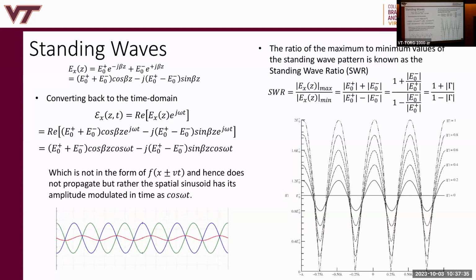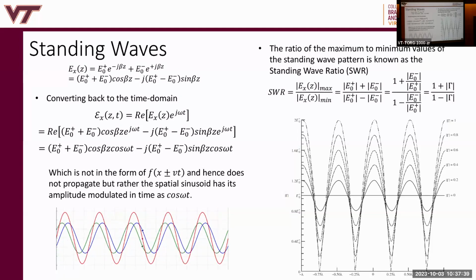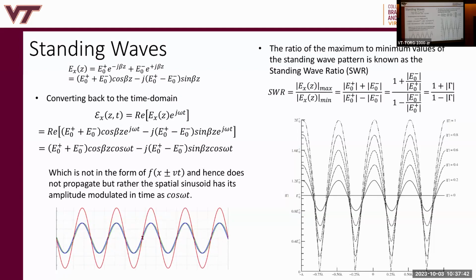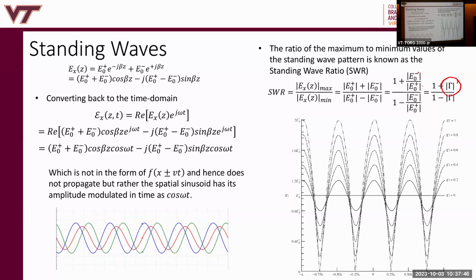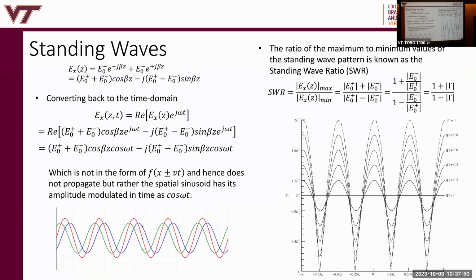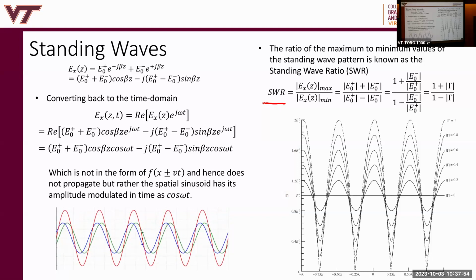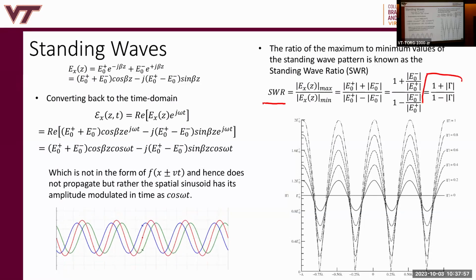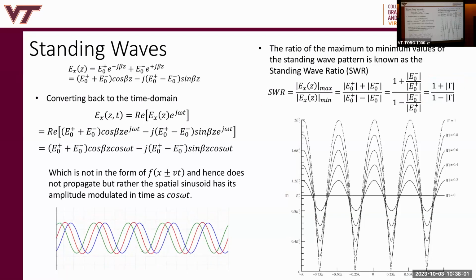If you take the ratio of these two and divide through by E naught plus, you can define a new quantity, the magnitude of E naught minus divided by the magnitude of E naught plus. We call that gamma, in this case the magnitude of gamma only. We define this ratio of the maximum to the minimum as 1 plus gamma over 1 minus gamma. We'll see that gamma is a reflection coefficient later on.